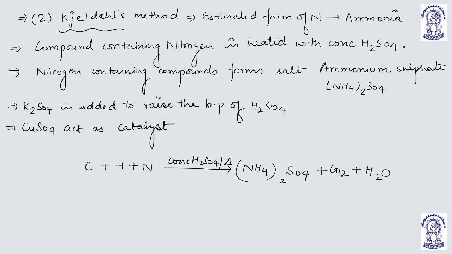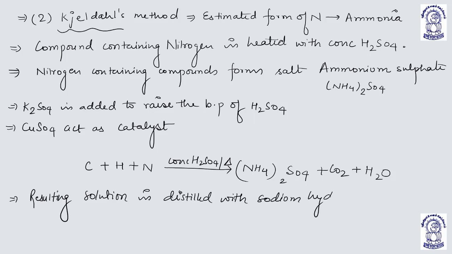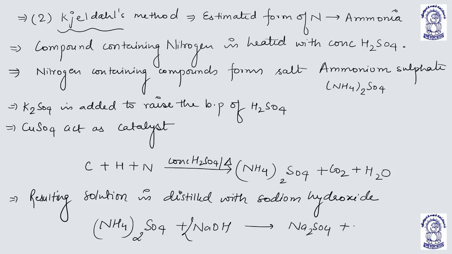The resulting solution is then distilled with excess of sodium hydroxide. So ammonium sulfate reacts with sodium hydroxide to form sodium sulfate with liberation of ammonia.